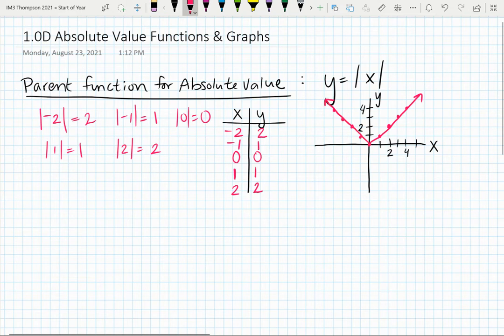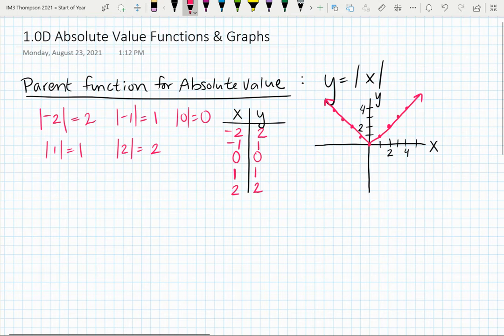And the graph of an absolute value is going to look like a V. When we were graphing parabolas, those look like U's, and they don't have a constant rate of change. Here for an absolute value, this is like a portion of a line and a portion of a line.